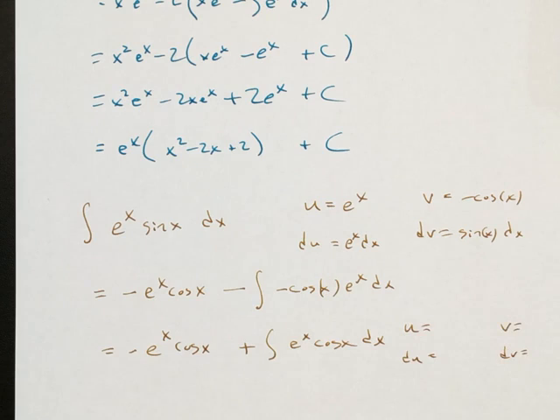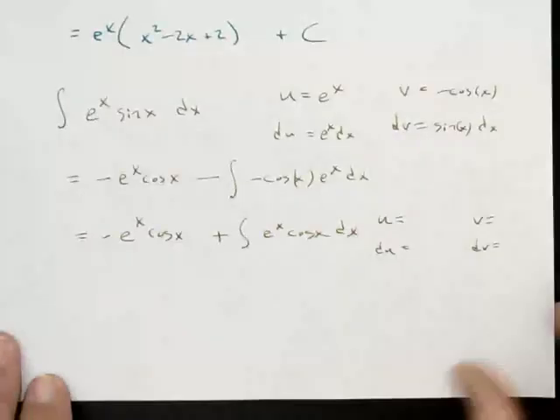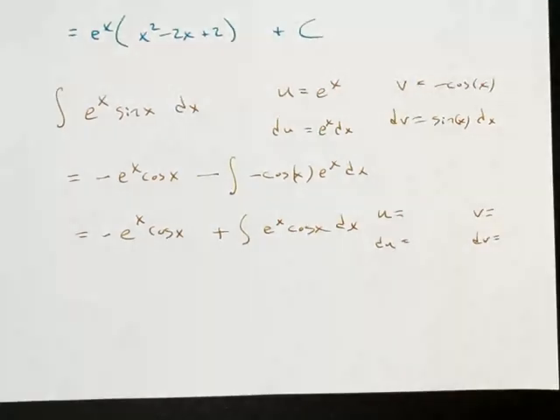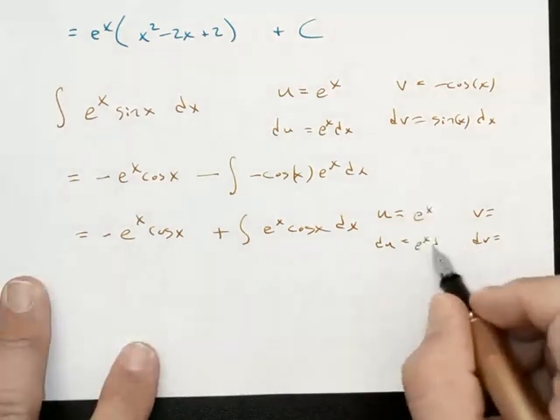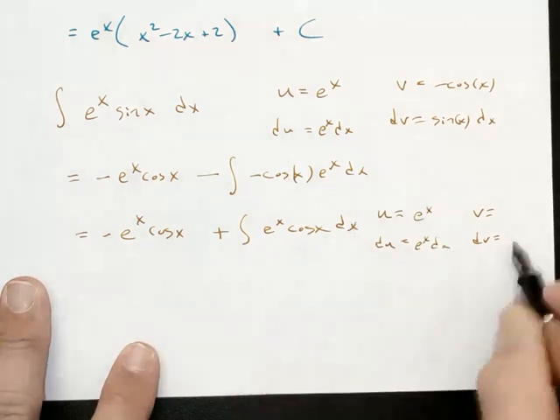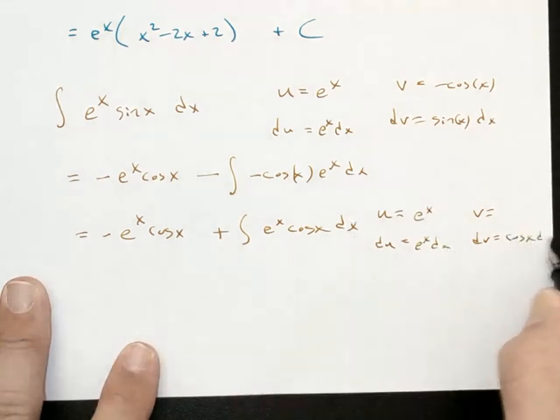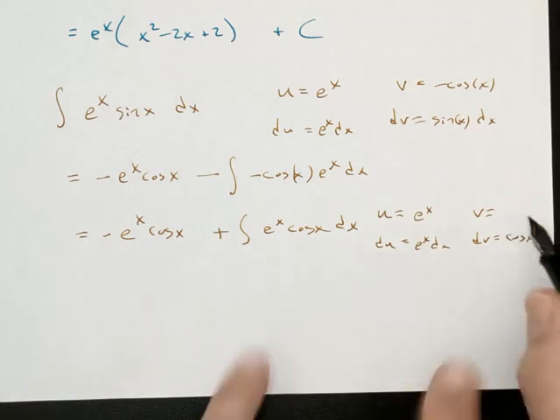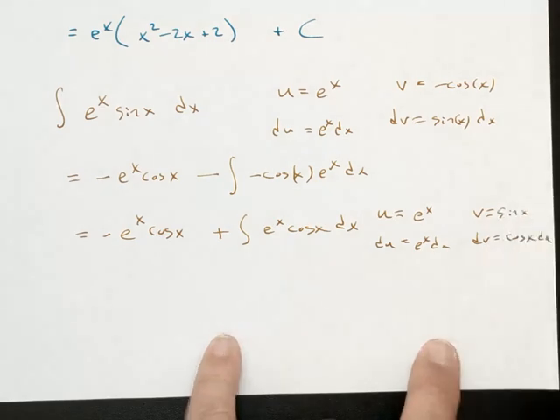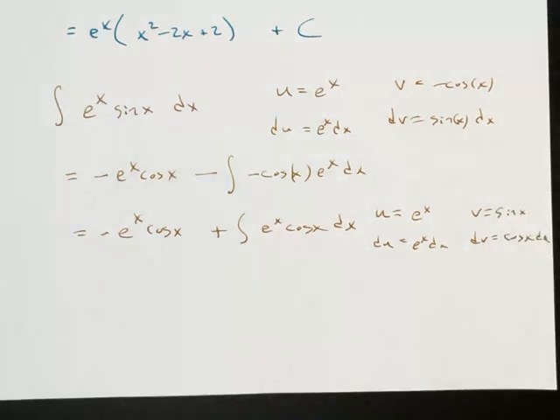So now, what's my choice of u? It's e to the x again. And that means that dv is cosine of x dx, and that means that v is sine of x. And now I see a problem.